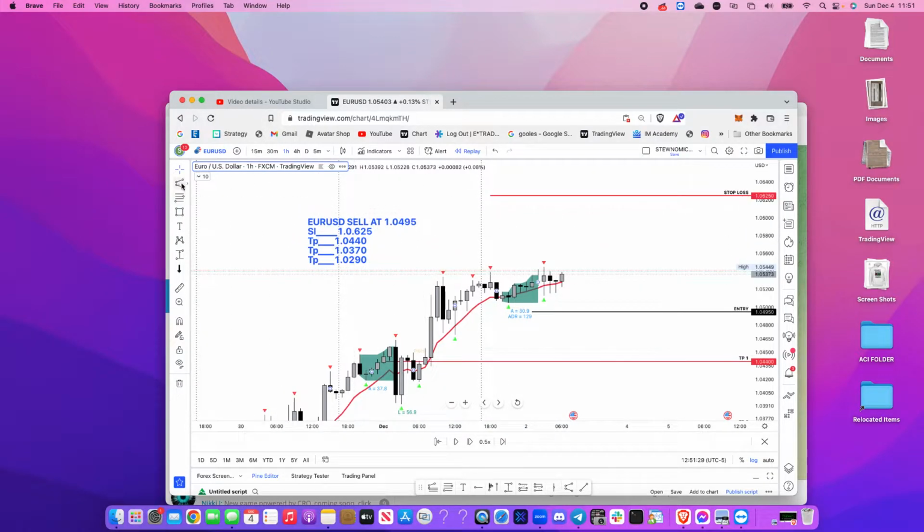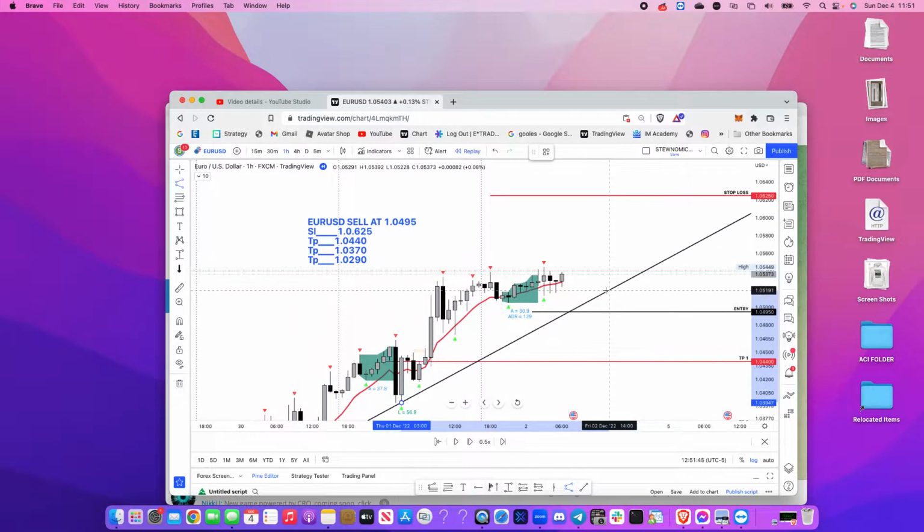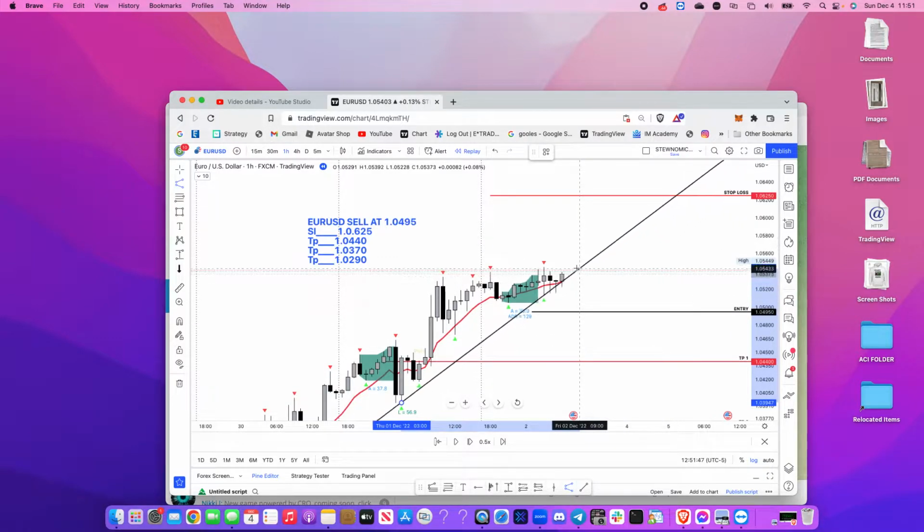Well, it's not the best thing, but one of the things I do, I will go and create my own subjective trend line. So basically, I go from here all the way, let's say, until it touches here. Now we have these highs here.